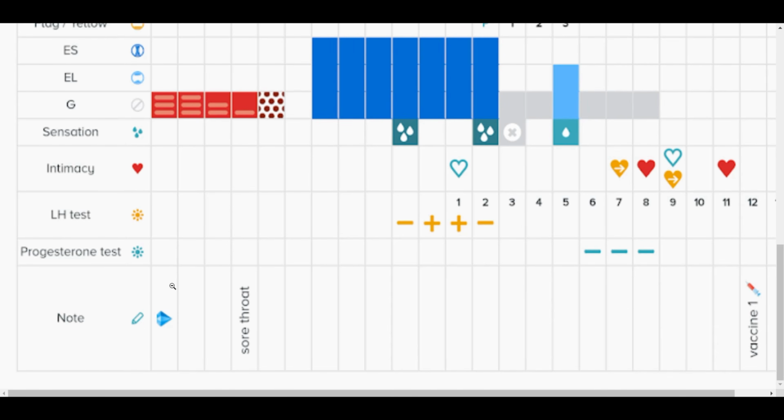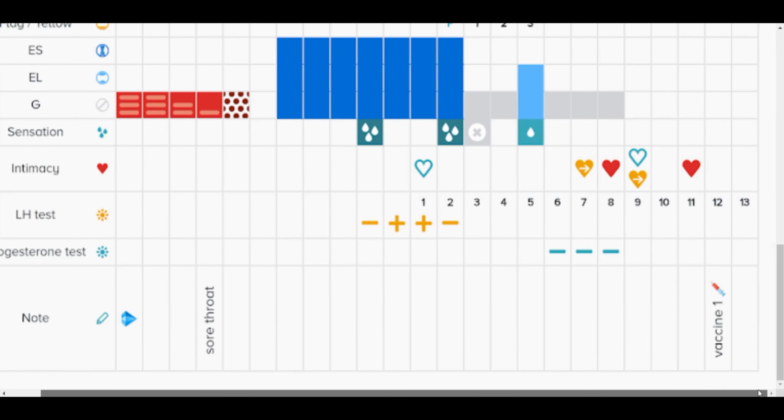And then last but not least, we have this little note section right here, and this just means that we can store little short notes on the chart. So as you can see, on this particular day, I had a little bit of a sore throat, and you can also note things like travel or, I don't know, other symptoms and things throughout your cycle.